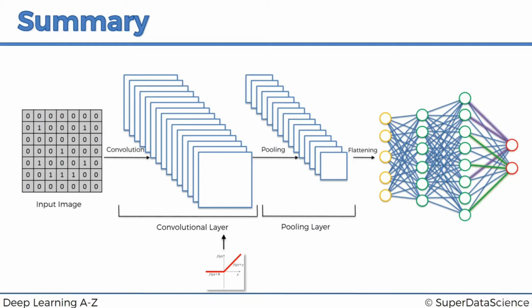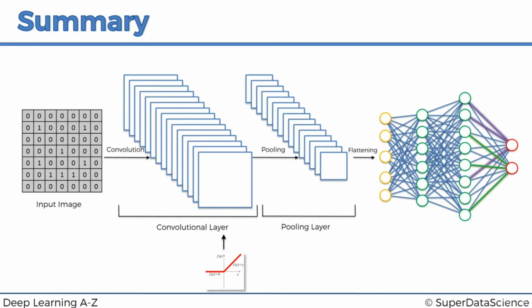Then we flattened all of the pooled images into one long vector or column of all of these values, and we input that into an artificial neural network, and that was step 3, flattening. And step 4 is the fully connected artificial neural network, where all of these features are processed through the network, and then we have this final fully connected layer, which performs the voting towards the classes that we're after.